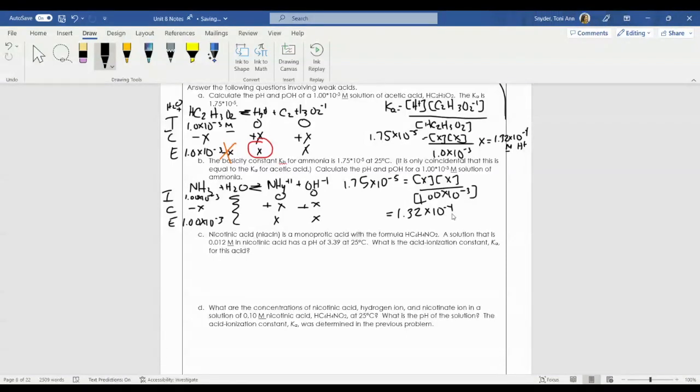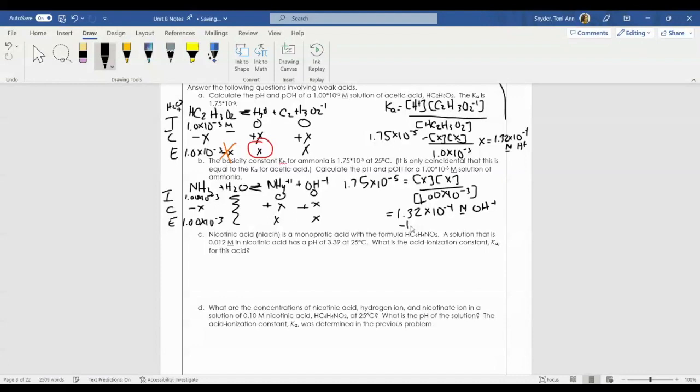Now, this is my concentration of hydroxide ions. So here's where you have to be careful, and it starts to get very important to write out your formulas for everything. Because if you stop writing out formulas, I think it's easy to start getting confused. So make sure you carry those formulas throughout.